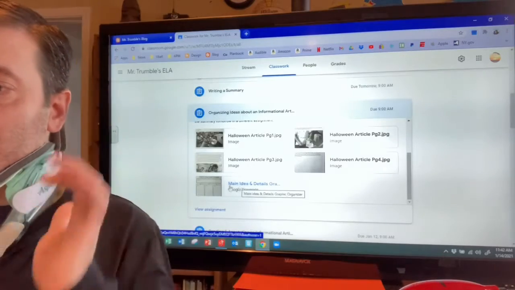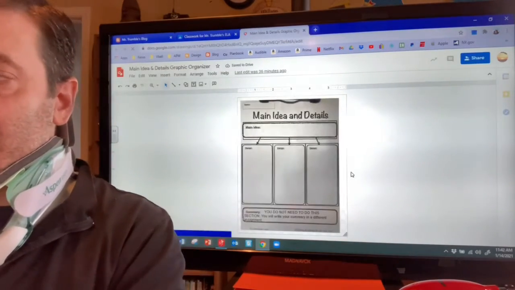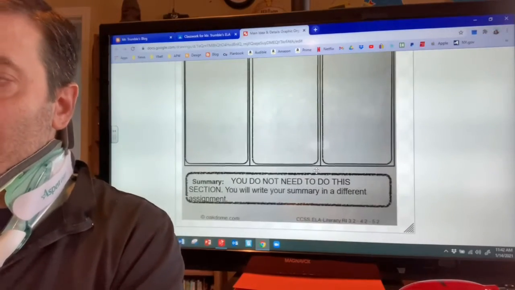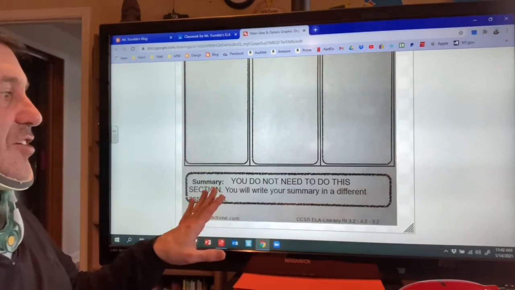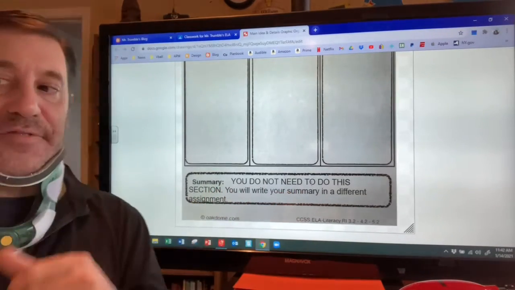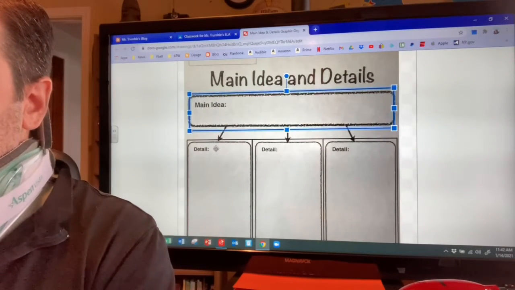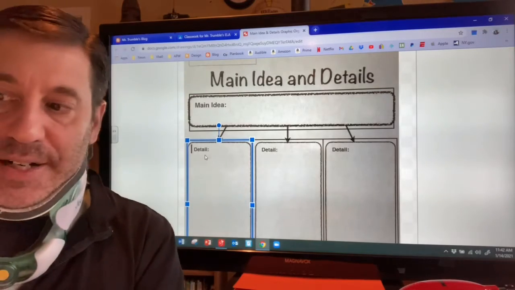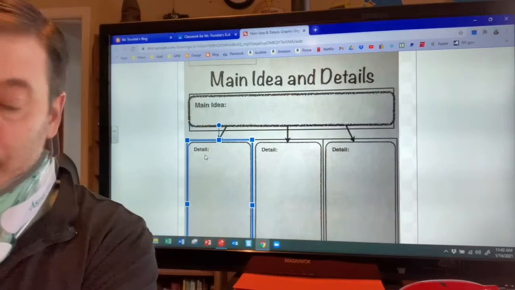One way that you can do this assignment is to do it digitally. You can come over here, and this is the graphic organizer that we just did. And you can see at the bottom, it again tells you you do not need to do this section. You will write your summary in a different assignment. But here, there are text boxes. And if I wanted to write down my detail here, I could type in my detail.